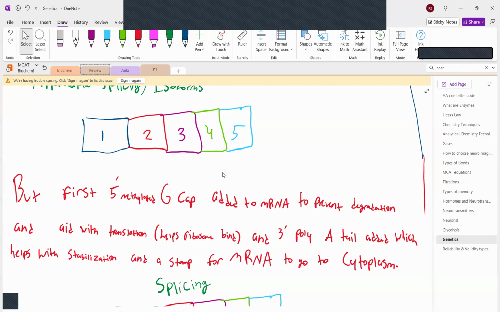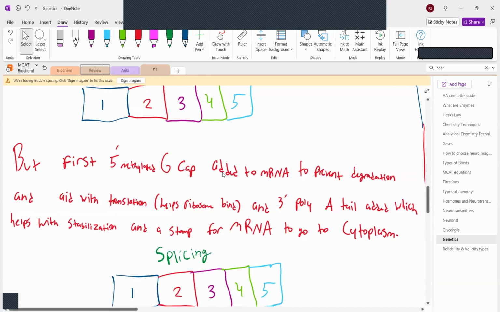So it's like a postal code. You need to have the postal code in order for the mRNA to get to the cytoplasm, right? Just like with any letter you're going to send off, you need a stamp. Otherwise, how does it know where it's supposed to go? Otherwise, it just sits in the mailbox and the mailman says, hey, you didn't pay for postage. I can't deliver this to where it needs to go.